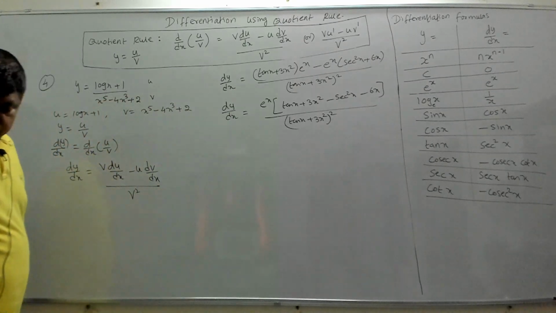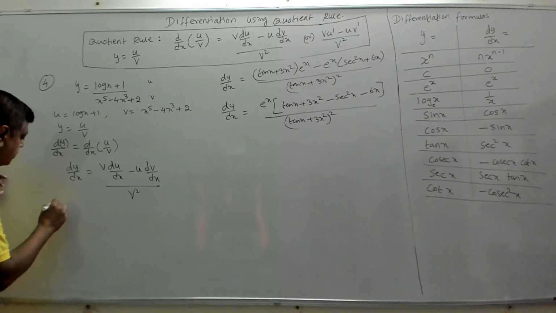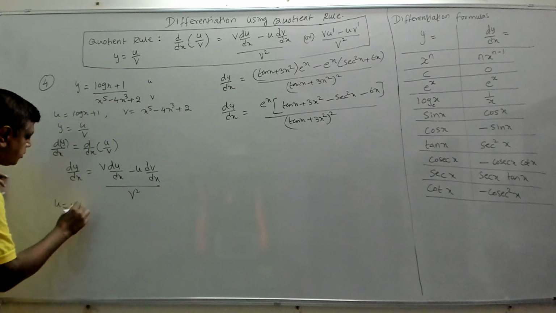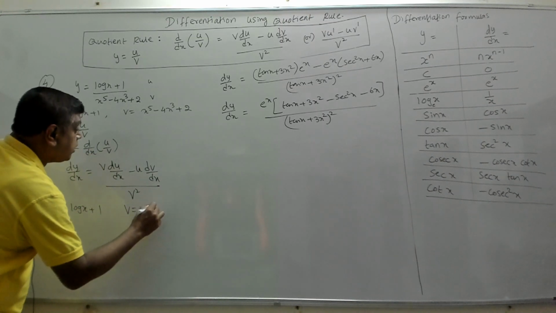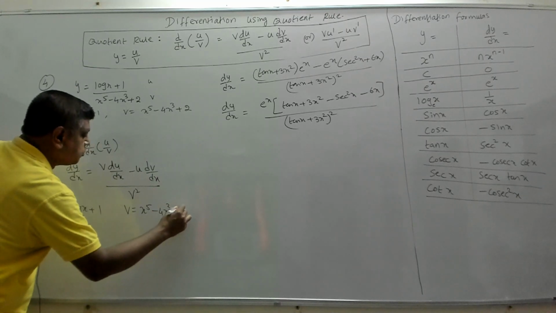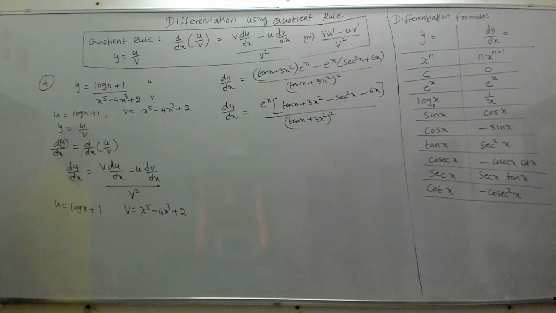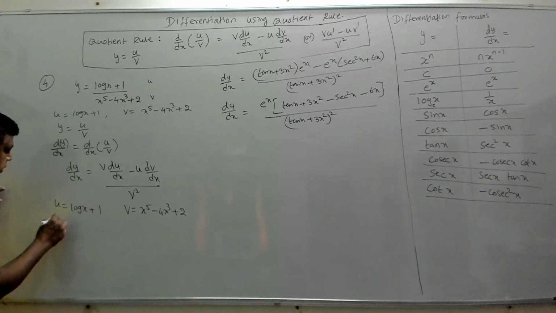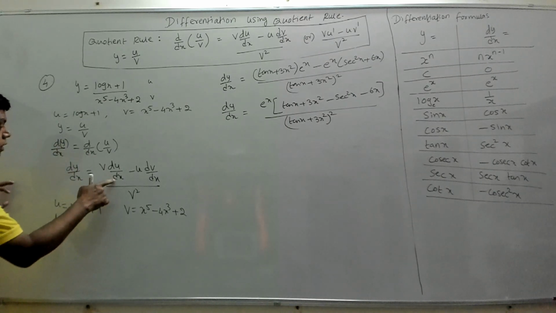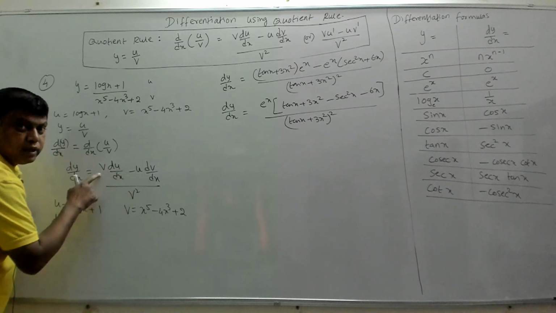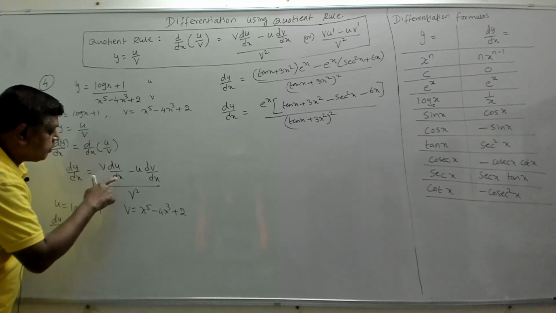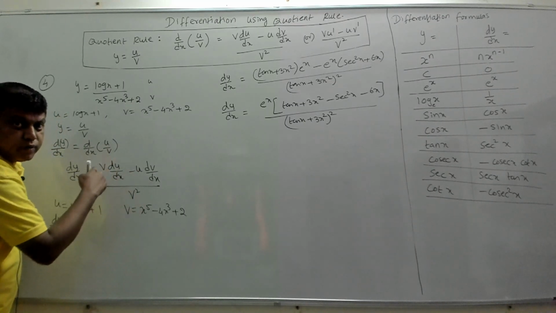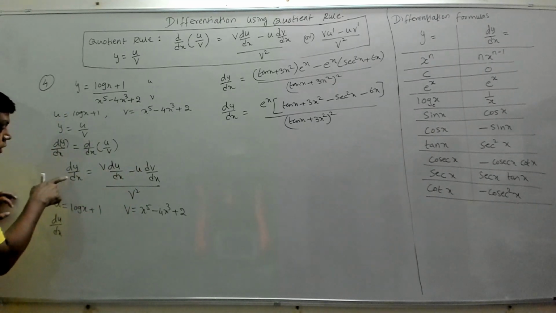So u is log x plus 1 and v is x power 5 minus 4x cube plus 2. We have u and v, so we can substitute u, v and v square. But we have to find du by dx and dv by dx, only then we can substitute to get dy by dx.